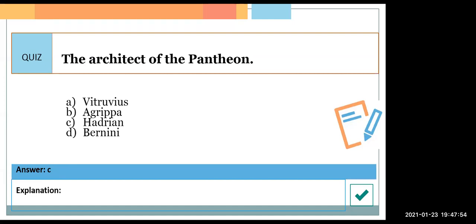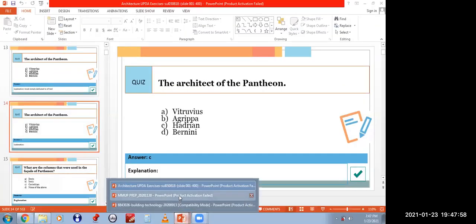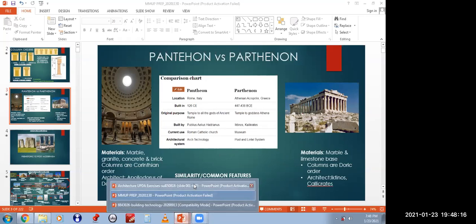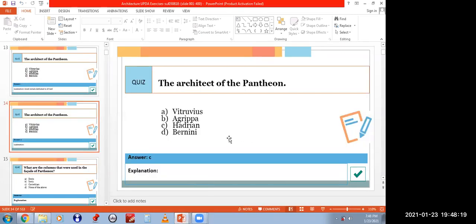If you see in my presentation before, it mentions Hadrian over here. So the credit was not given to the architect, but to the emperor of that time. In this case the answer is Apollodorus, but for this particular question, the answer is Hadrian.